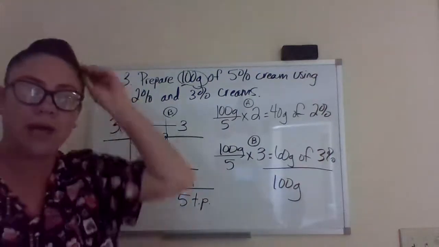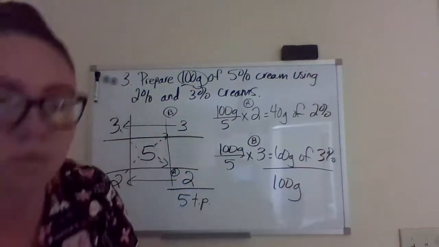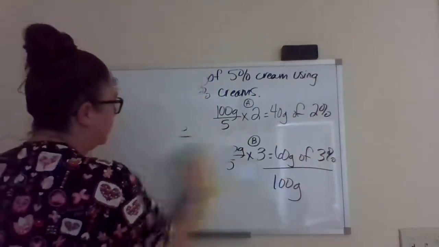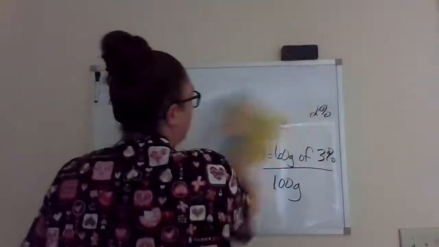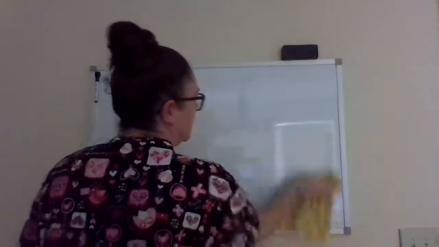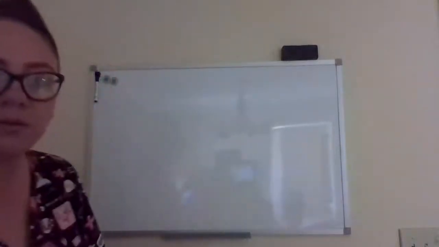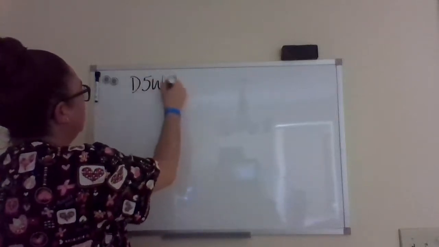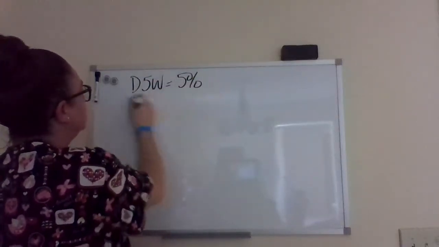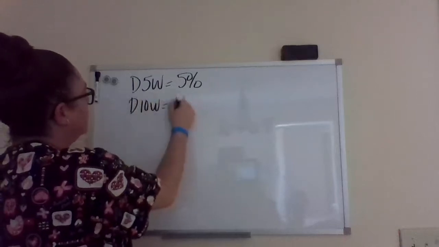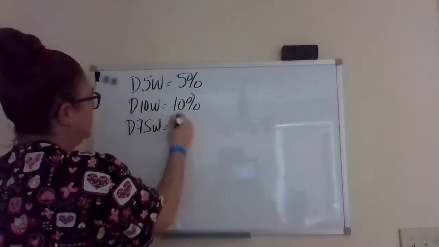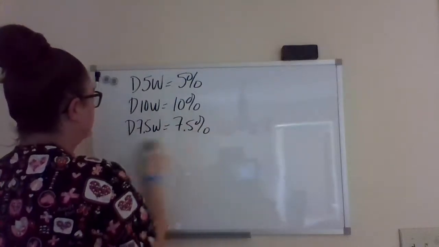Okay? So again, remember when you see things written out, right? You have to have a high, a low, and a desired strength to be able to use the alligations. Okay? So anything that is written, D5W, that is 5%. D10W, 10%. D7.5W, 7.5%.